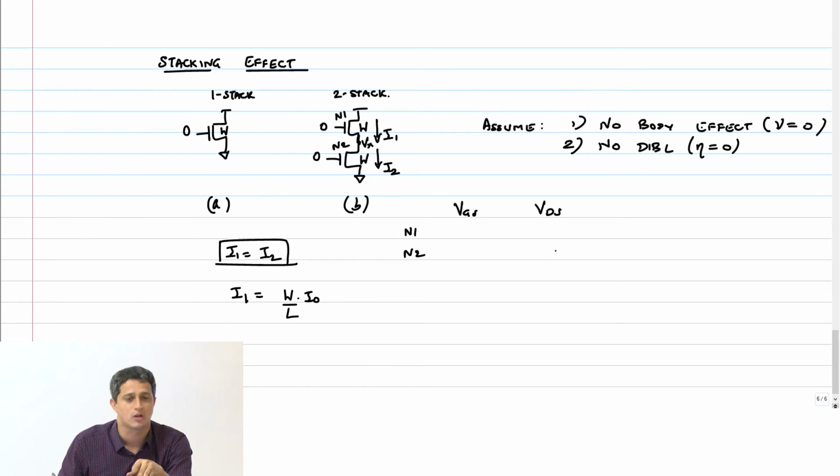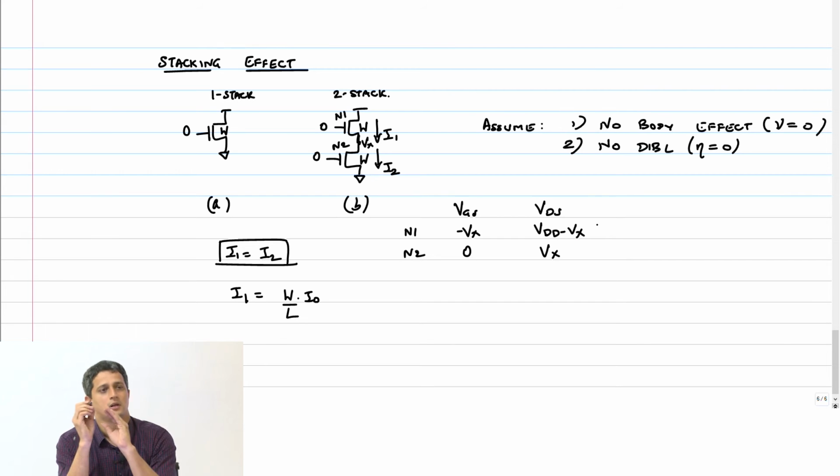So what is VDS of N2? Vx. What is VGS of N2? 0. Gate is grounded, source is also grounded. N1 transistor, what is VGS? Minus Vx. VDS, VDD minus Vx.